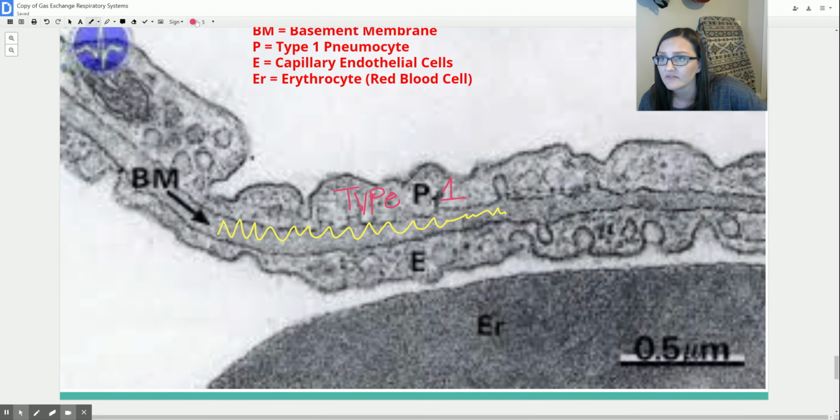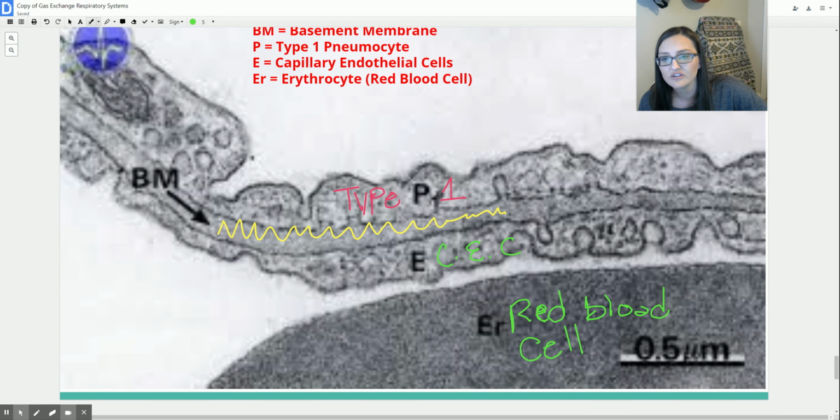And then down here, you've got your capillary endothelial cell. And then you've got your red blood cell. So this is your red blood cell right there.